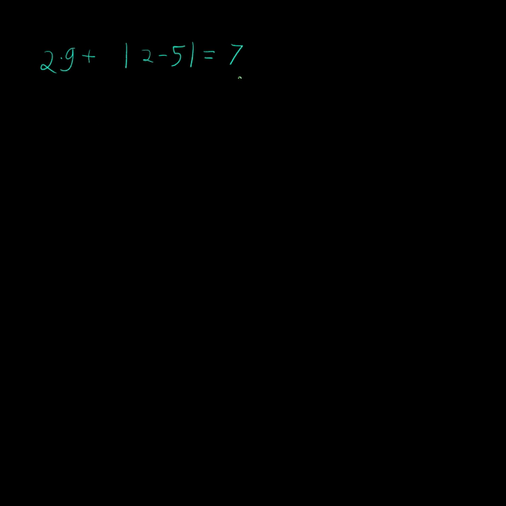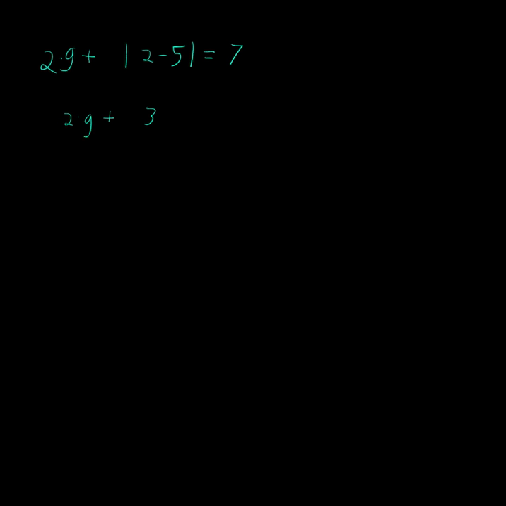If I were to solve this equation, there's only one case, there's only one possible value for g, because no matter what, the absolute value here is just going to be 2 minus 5, negative 3. It's just going to be 3.